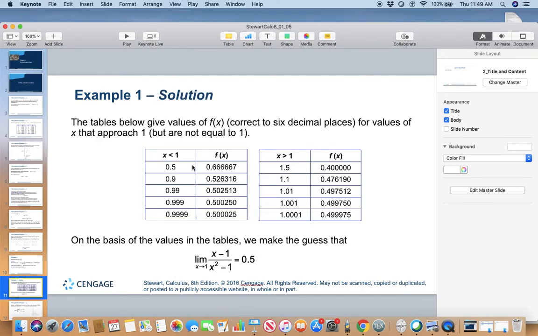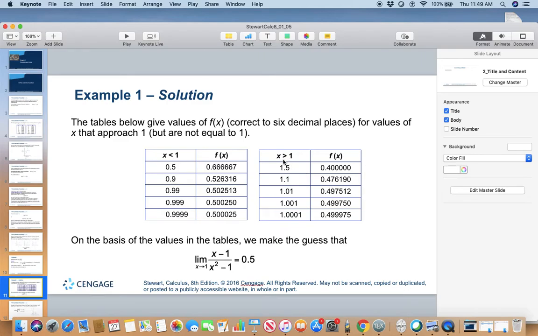When x is to the left of 1, so less than 1, look at different values of f(x). Looks like I'm getting close to 0.5, right? We are starting at 0.66667, reducing. We are getting close to 0.5, not going below it.